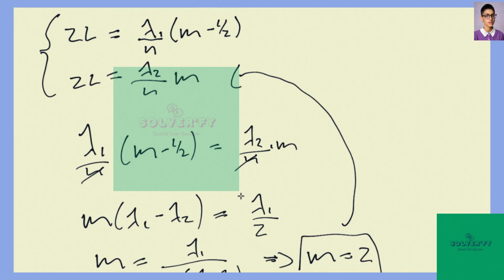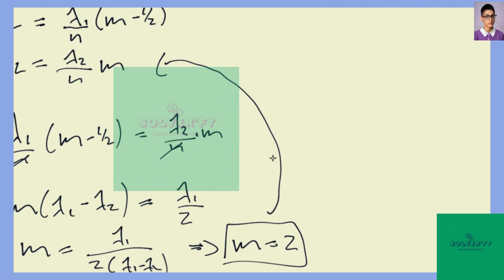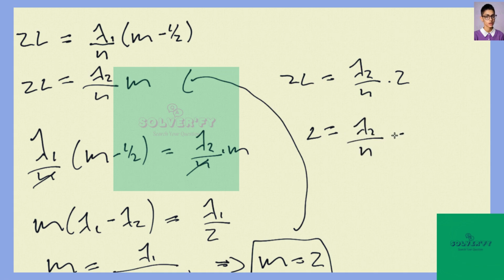It'll be simpler. So I'll do it over on the side here. So we have that 2L equals lambda 2 over n, and then times m, which is 2. And so we find that L equals lambda 2 over n, and this turns out to be 338 nanometers.